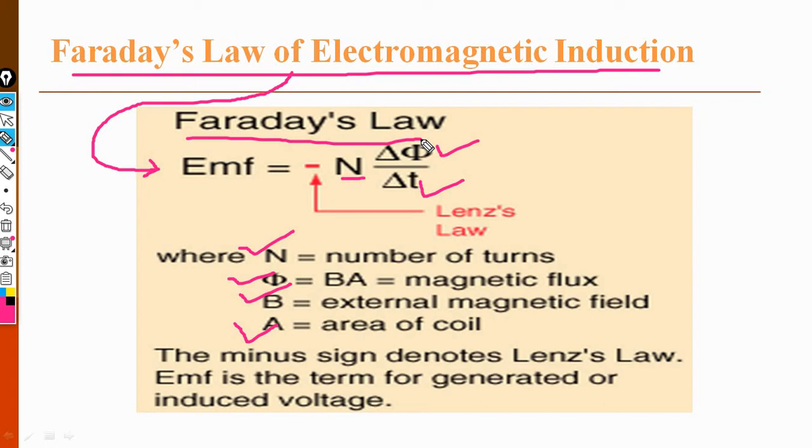That means these four parameters are very important in Faraday's law of electromagnetic induction. Then the minus sign is present here, and the minus sign denotes Lenz law. That means we have to explain the concept of Lenz law. Also, EMF is a term for generated or induced voltage.